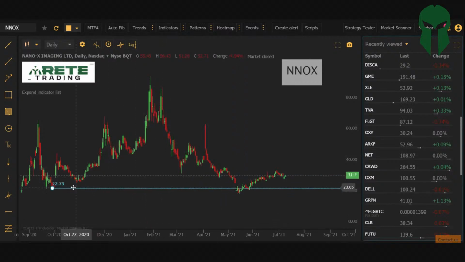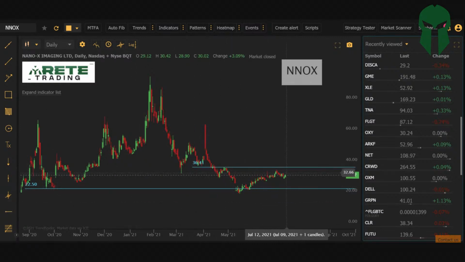It doesn't really matter, they're both going to serve the same purpose. You need to get above this to state that this bottom is actually in. So that's what you're looking for: a break of 36 and a half to even consider buying this. Based upon these kinds of movements, this would have me staying away.